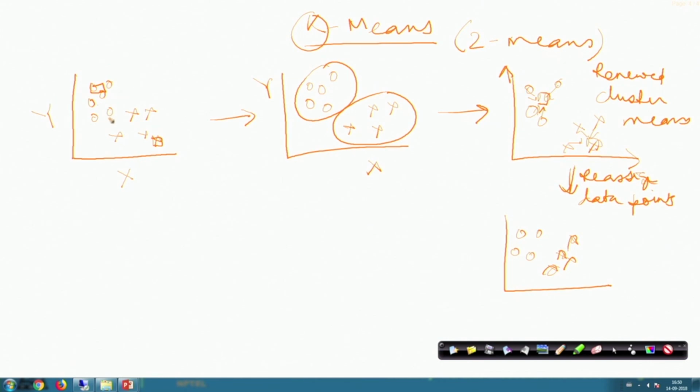So, we had started with 5 points 1, 2, 3, 4, 5, here it became, so we have to have one more, and same goes here as well, right.